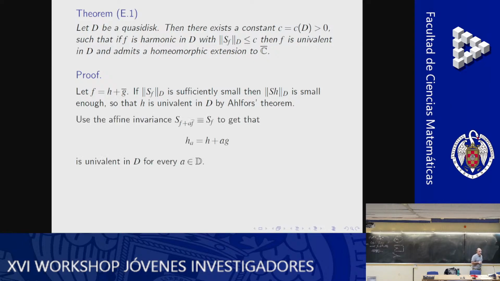Now let's use the affine invariance, which says that the Schwarzian remains exactly the same. And now the analytic part of this affine transform, which is h sub a, h plus a g, is univalent for all values of the parameter a in the unit disk. Okay, just applying the previous step.